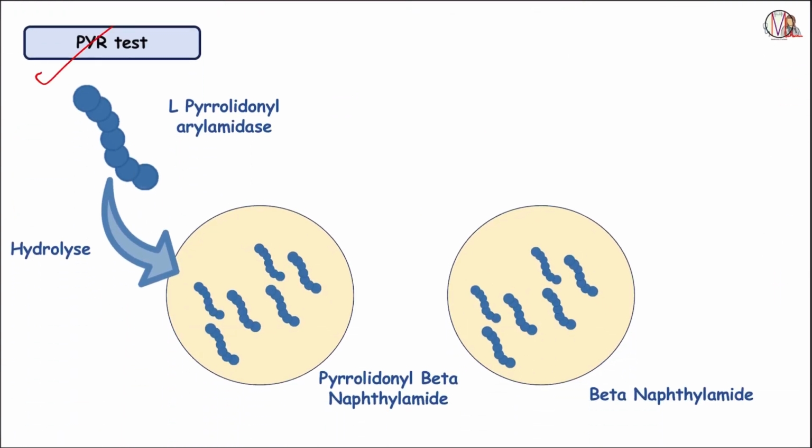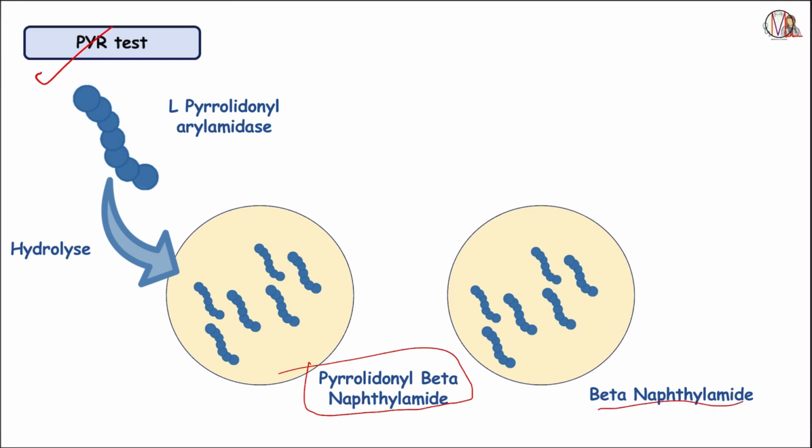The PYR test, short for pyrrolidonyl aryl amidase test, is a biochemical assay utilized for identifying specific bacterial species, primarily within the Streptococcus and Enterococcus families. This test relies on the enzymatic activity of these bacteria to break down a substrate known as pyrrolidonyl beta naphthalamide into a compound that elicits a color change.